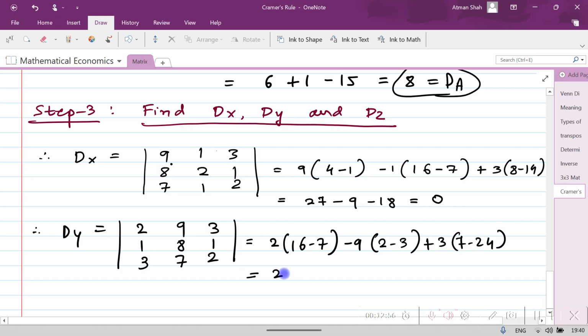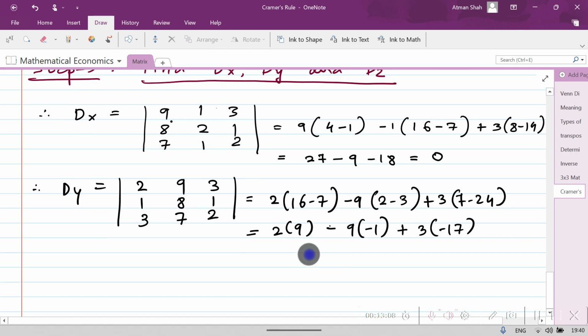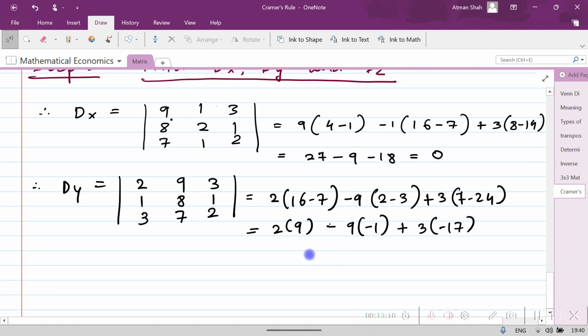So this is equal to 2 into 9, minus 9 into minus 1, plus 3 into minus 17. So this is equal to 18 plus 9 minus 51. So it is equal to minus 24.